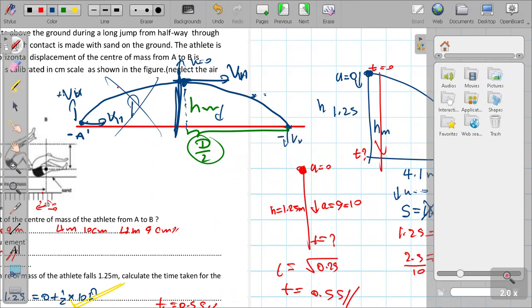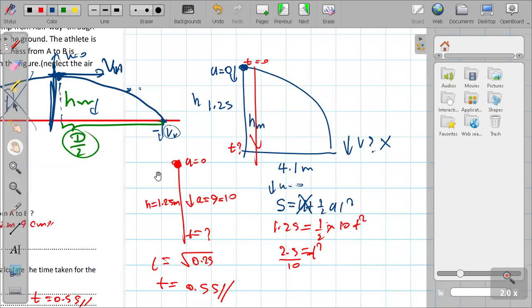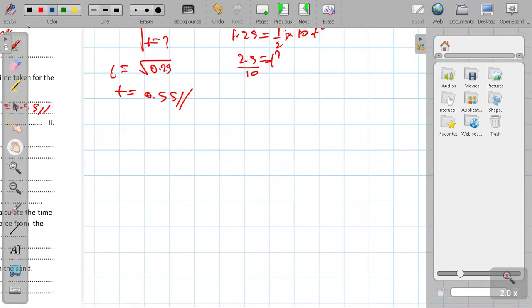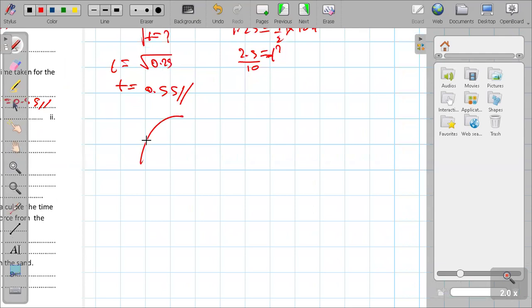Whatever method you apply, considering initial velocity as 0 and final velocity as this one, that will be the same value, because first half and the second half are identical. I will use this half.